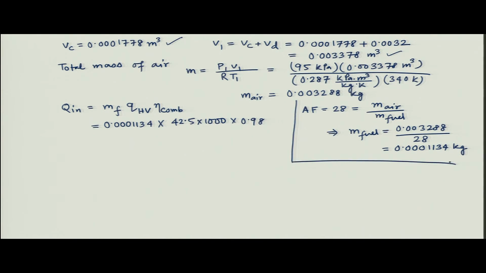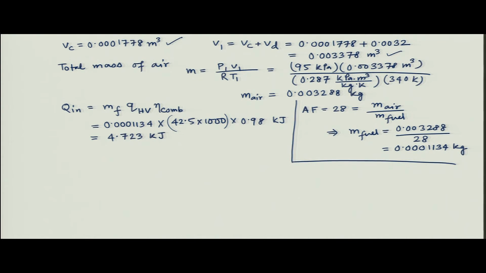This should be in kilojoule, because kilojoule per kg multiplied by kg will be kilojoule. If you solve it, you will get 4.723 kilojoule. That is the heat supplied during the constant pressure heat addition process.